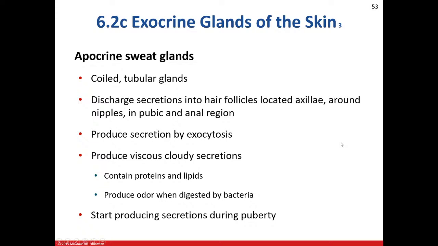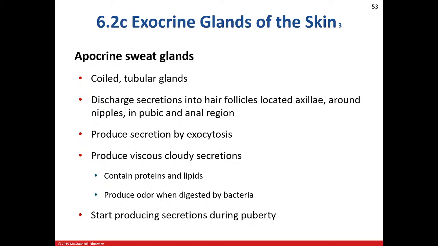And that pinched off cell portion becomes the secretory product, and it's a sort of viscous, sort of oily secretion that contains a lot of proteins and lipids, and it produces odor when it's digested by bacteria. That's why your armpits and your groin stink, is because the apocrine glands are producing apocrine secretions that are digested by bacteria, and the bacteria release gases that give you that scent.